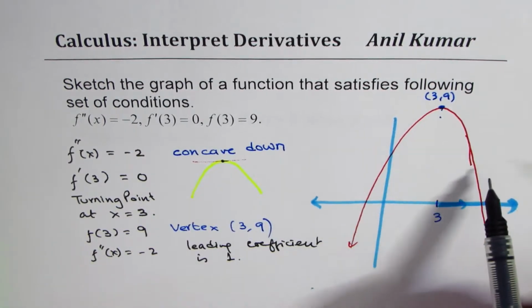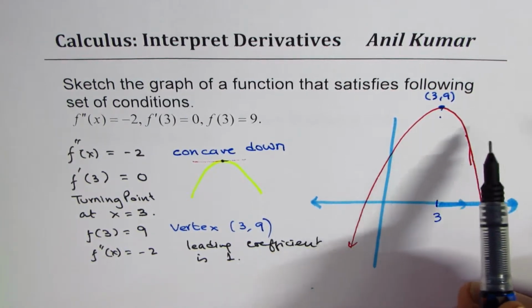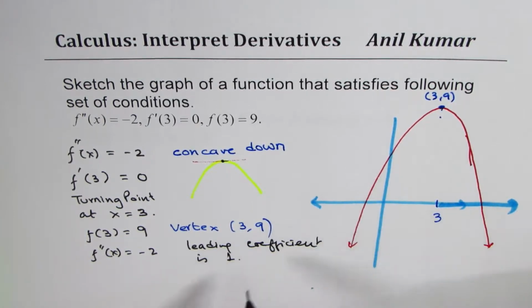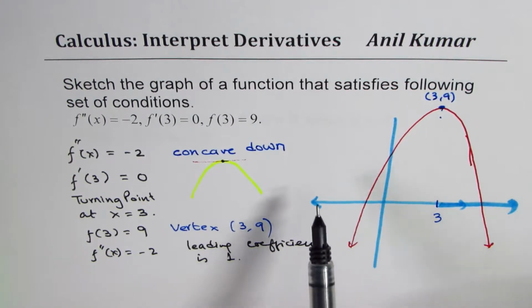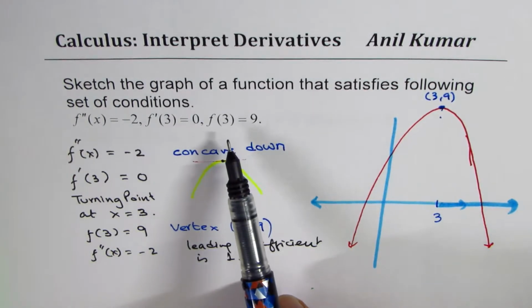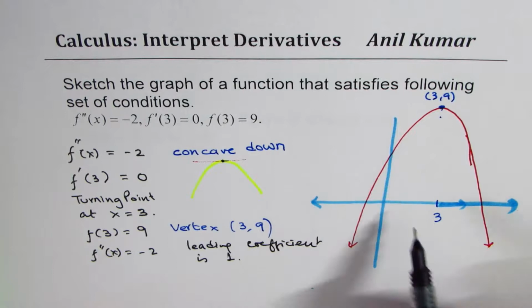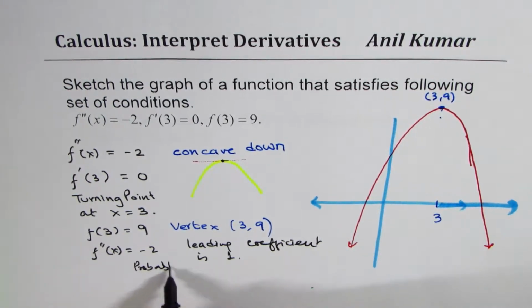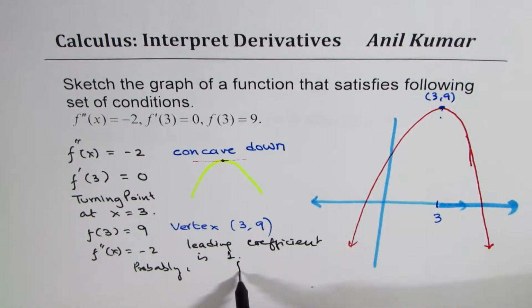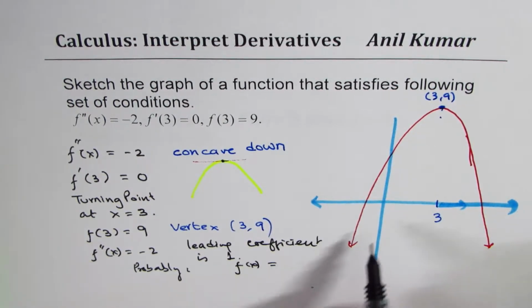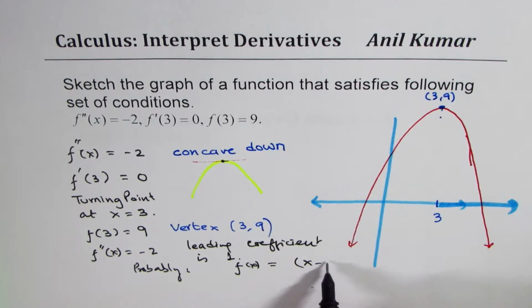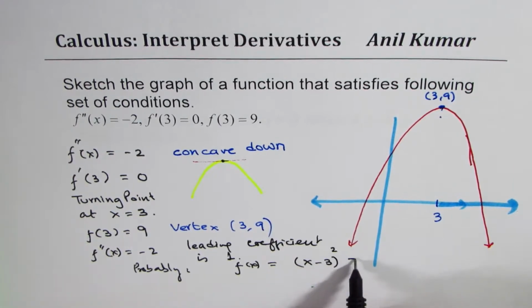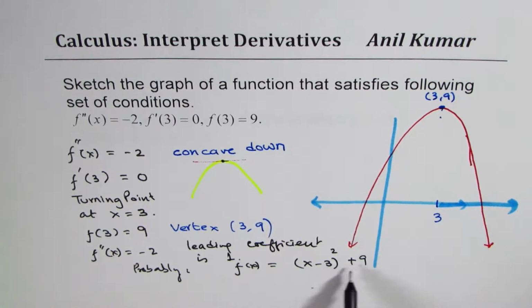We could have some vertical translation here and there, but it seems that the function could be, if you write it in vertex form, shifted. So probably, let's write, we are talking about f of x, which should be kind of like x minus 3 whole squared plus 9.